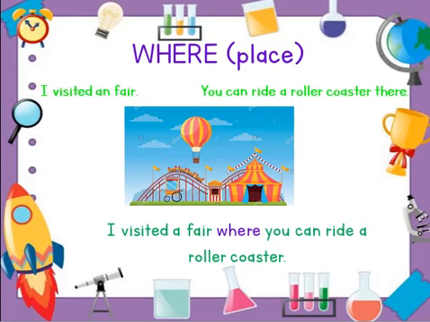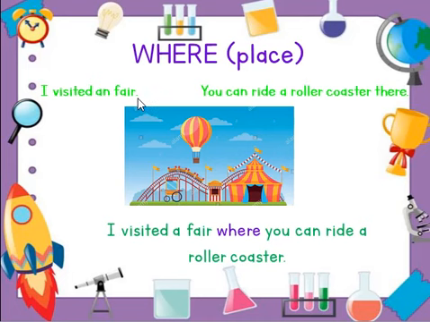Okay, so we are going to say, I visited a fair where you can ride a roller coaster. If you notice, in this case, we eliminate the word there. Why? Because when we say there, we are talking about the fair.